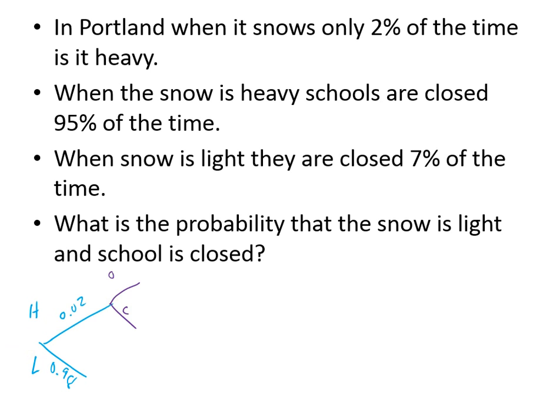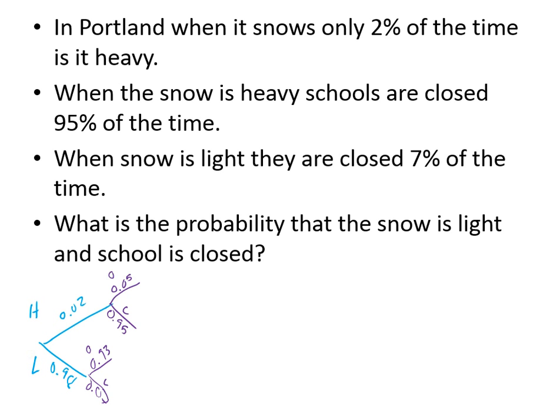Schools are closed 95% of the time, which means that they're open 5% of the time, when it snows heavy. When it snows light, schools are open 93% of the time, and closed 7%.